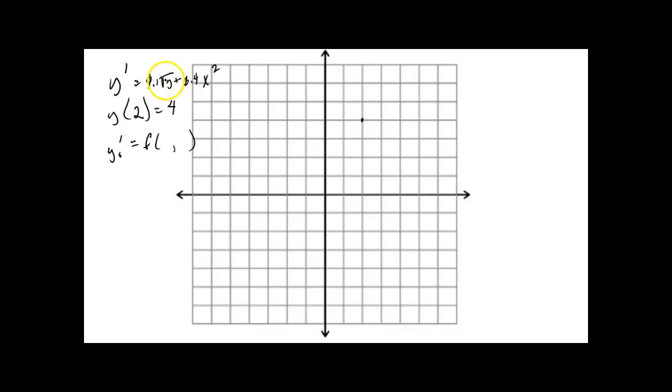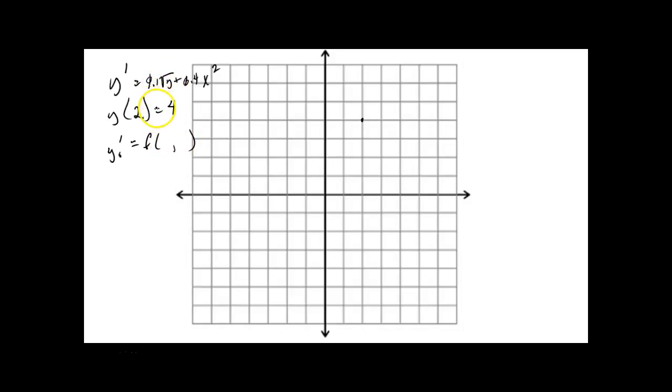0.1 times the square root of y. Y is 4, so that's 2. That's 0.2 plus 0.4 times x squared. Well, x is 2, so 2 squared is 4. 0.4 times 4 is 1.6 plus 0.2.